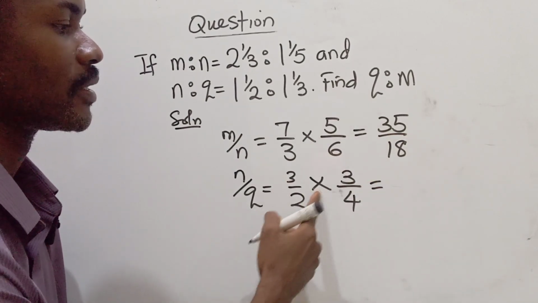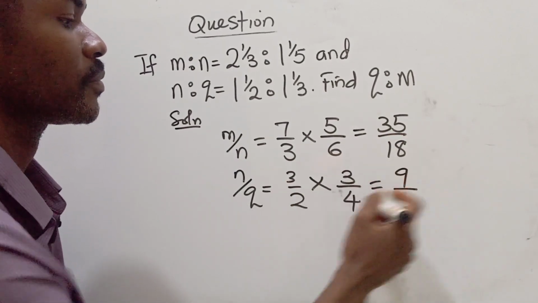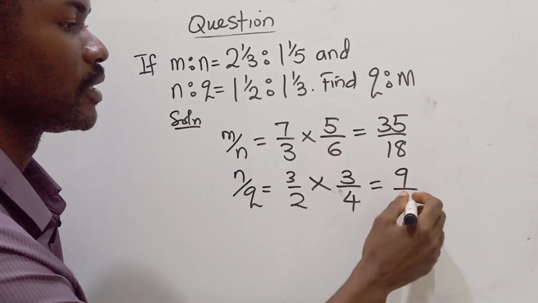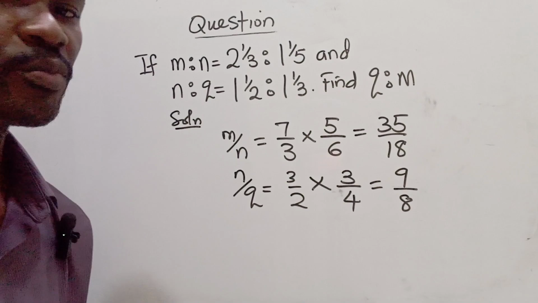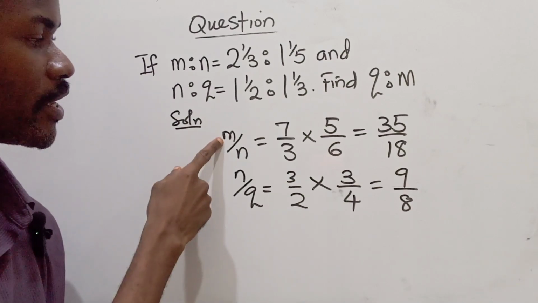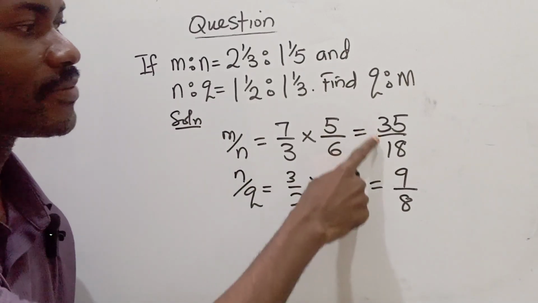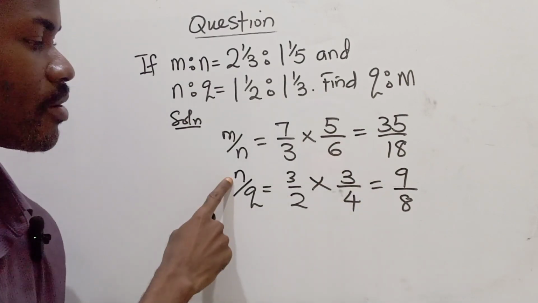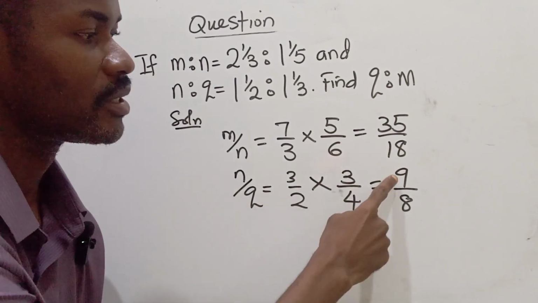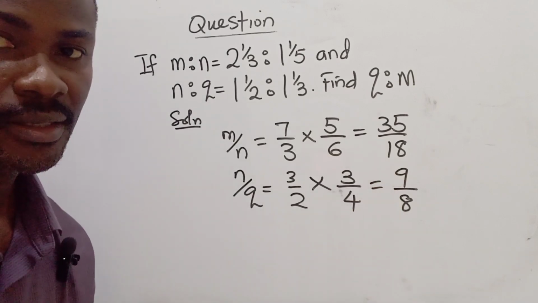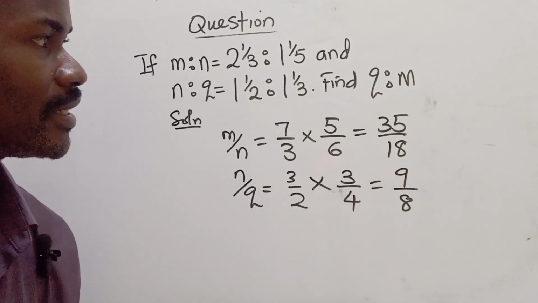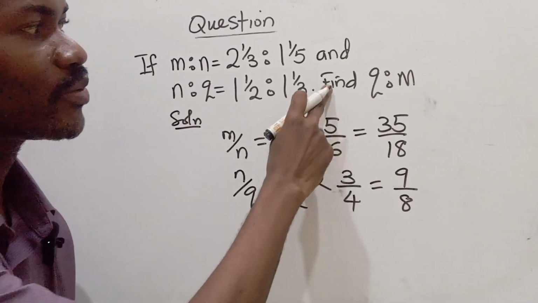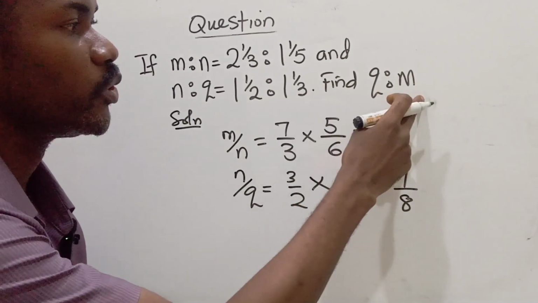Now for this, we have 3 times 3 is 9 and 2 times 4 is 8. So we've been able to get our m ratio n as 35 divided by 18, and our n ratio q as 9 divided by 8. So the next thing is the question has asked us to find q ratio m.